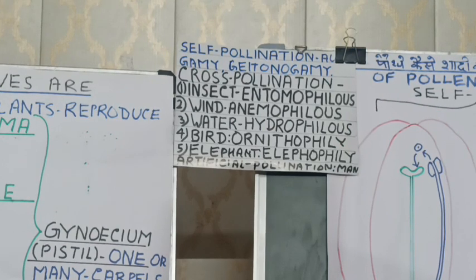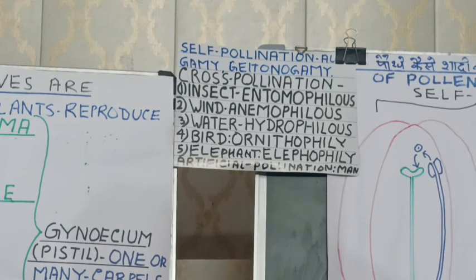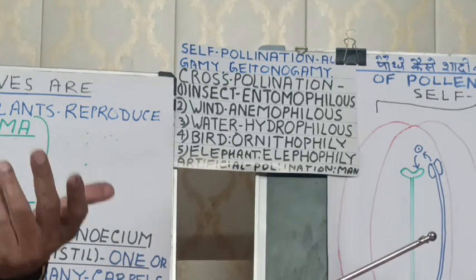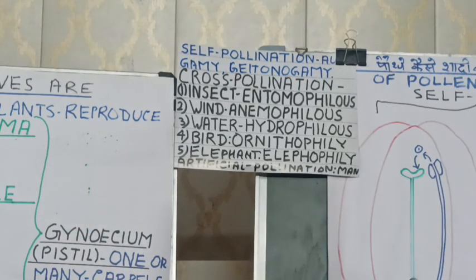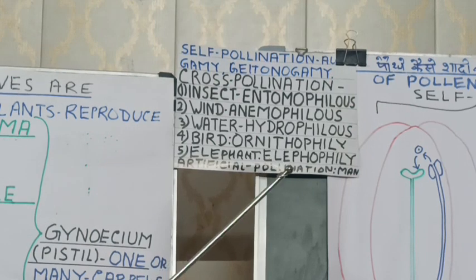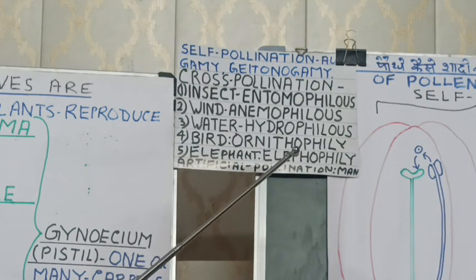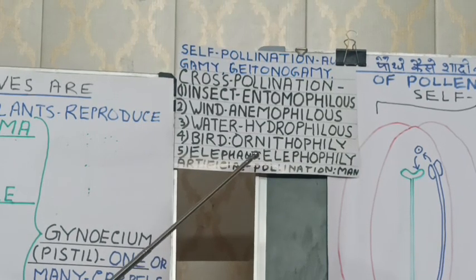They do not sink to the bottom, and whenever they get an opportunity, they can come to attach with the stigma of another female flower. Sometimes some birds also take part in this cross-pollination, which is called ornithophily. In Rafflesia, the largest flower, elephant takes part in transfer of pollen grains.